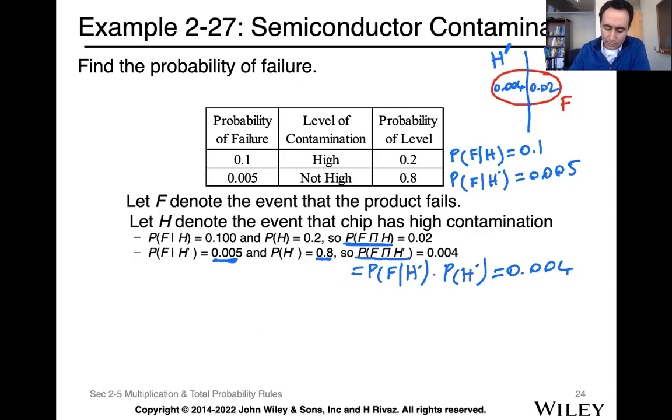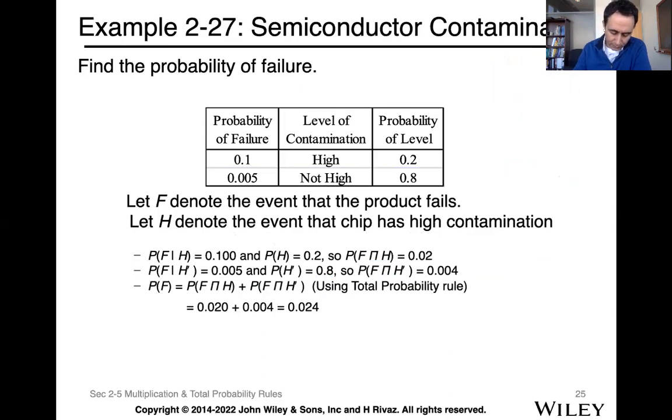So probability of failure, as I said, is the summation of those two terms, and it's 0.024, right? So here I broke F, failure, into two parts, either high contamination or low contamination.